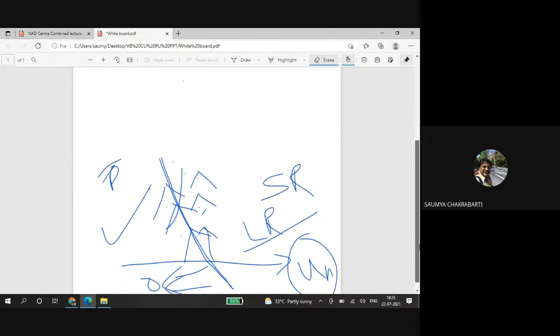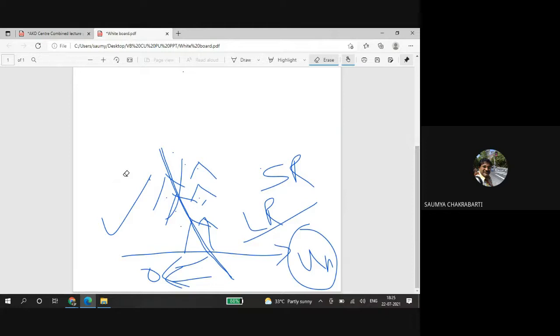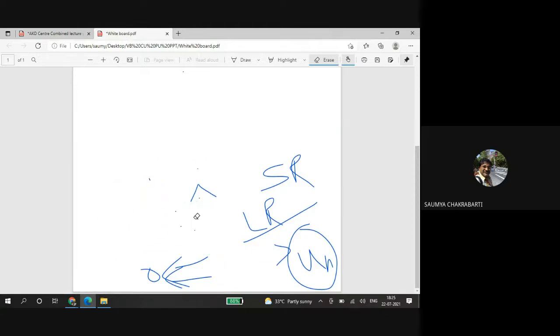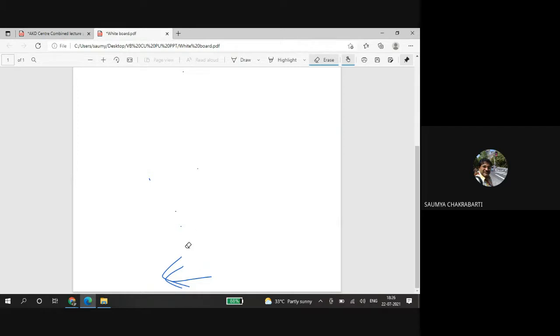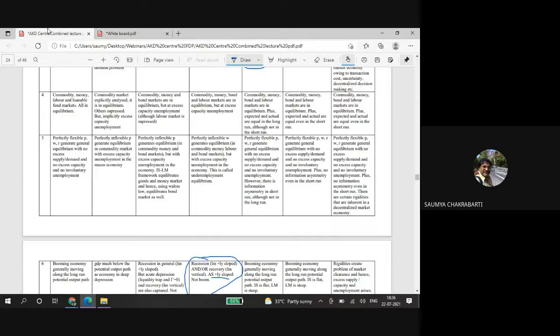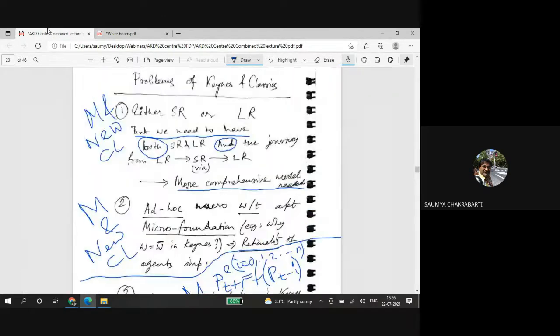First, they needed to produce a comprehensive theory where you have short run as well as long run. Number two, a journey. They had to explain a journey from one long run to another long run via short run.